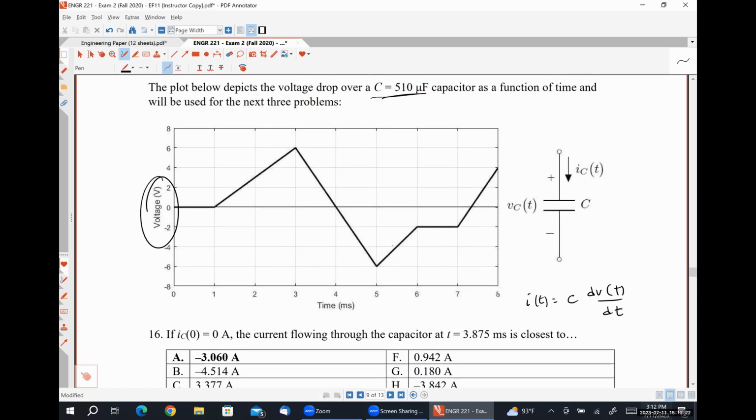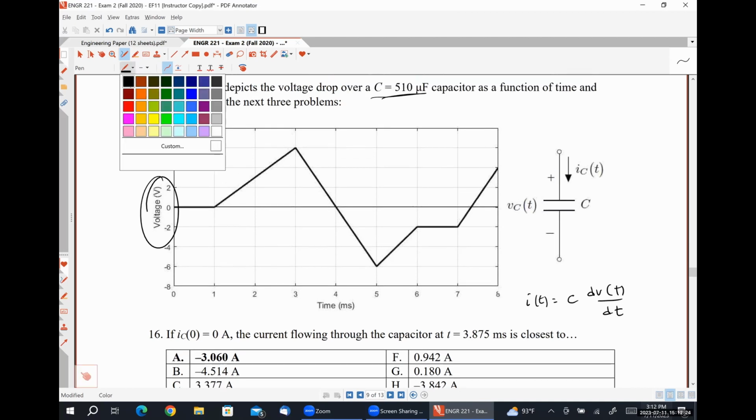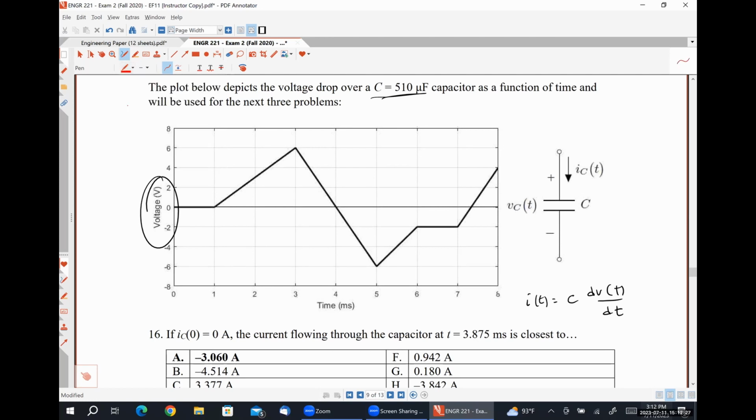So what I'm expecting you to be able to do for this particular problem is to determine the slope of the voltage during this interval that I've outlined with these red dashed lines. So effectively, I want the slope of this line. Multiply that slope by 510 microfarads, and you should have your current. So what's the slope?